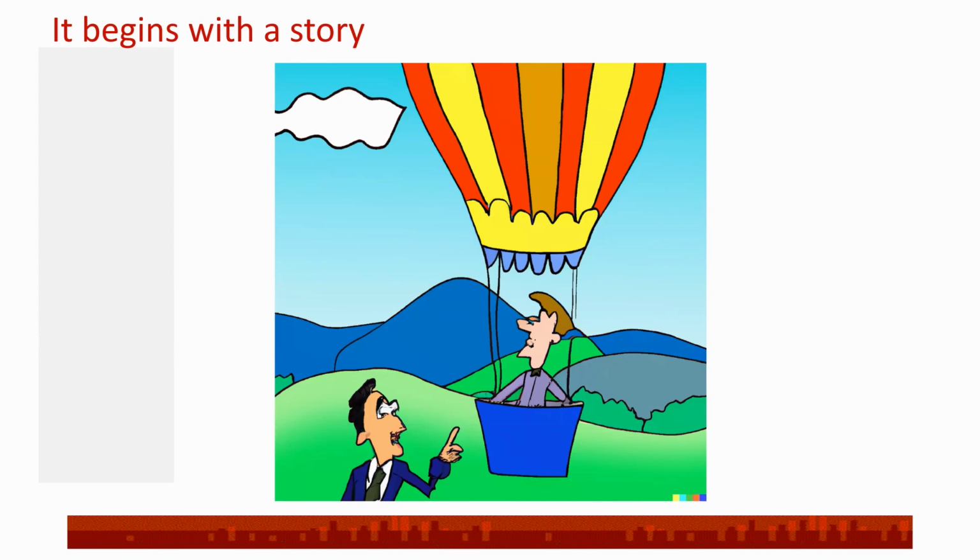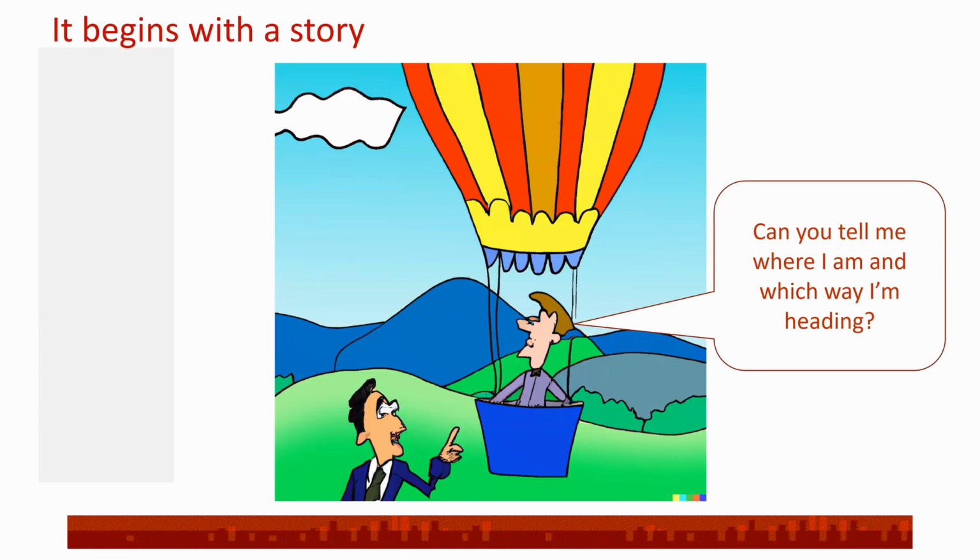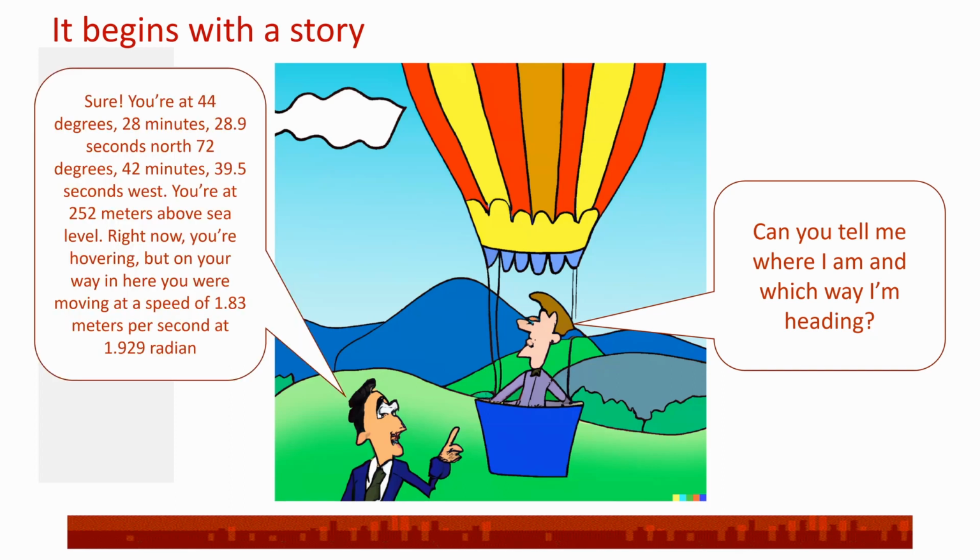But it's a story about a man in a balloon who looks lost. And he lowers his balloon down and sees a man on the ground and says, hey, can you tell me where I am and which way I'm heading? And the man on the ground opens up his cell phone, looks at it for a little bit and says, sure, you're at 44 degrees, 28 minutes, 28.9 seconds north, 72 degrees, 42 minutes, 39.5 degrees west, and you're 250 meters above sea level, which happens to be the coordinates of the Stowe Snowflake Resort where the conference was being held.